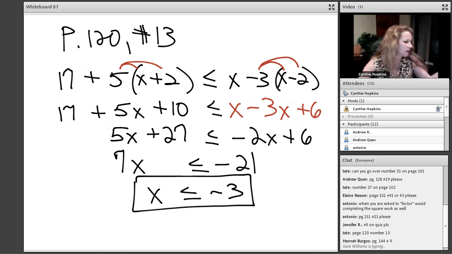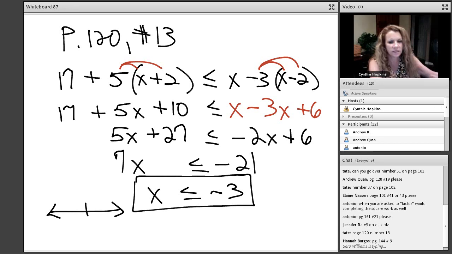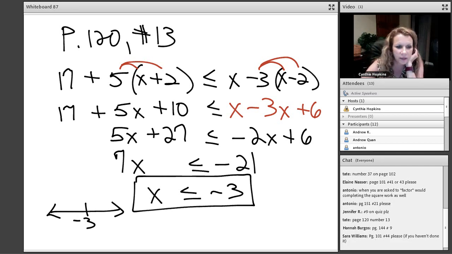Now, this set of directions said, determine the solution sets for the following inequalities. Okay, they didn't say to graph, but I'm going to suggest that we should graph because then it makes it so easy to write my interval notation. So I'm just going to put negative 3. Since that does have an equal sign, I'm going to put a closed circle, and then x is less than that, so shaded to the left.